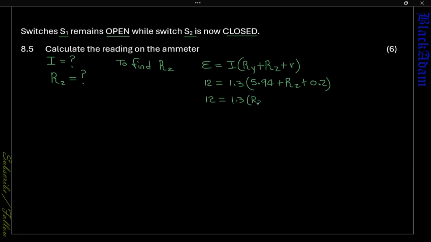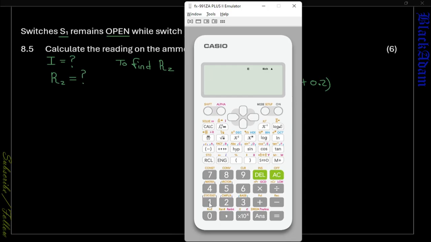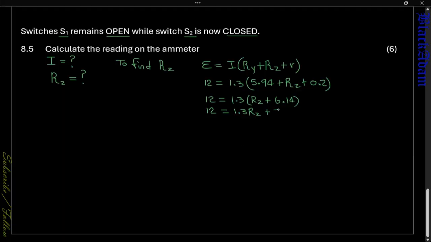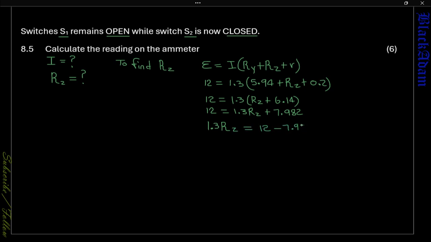So 1.3 RZ plus 1.3 multiplied by 6.14, which is 7.982. Then 1.3 RZ equals 12 minus 7.982.